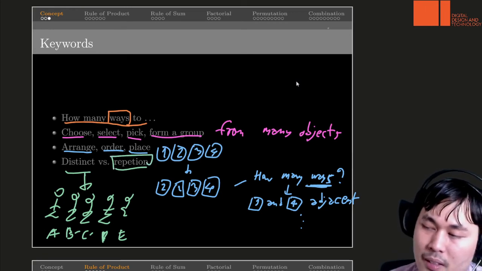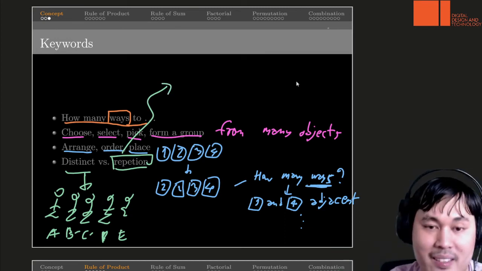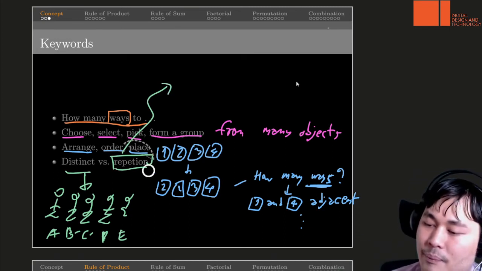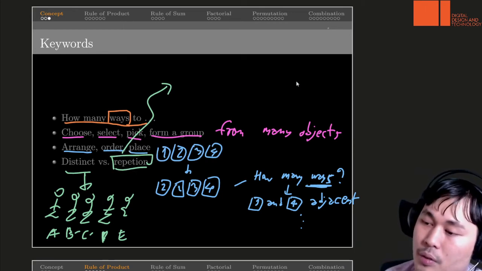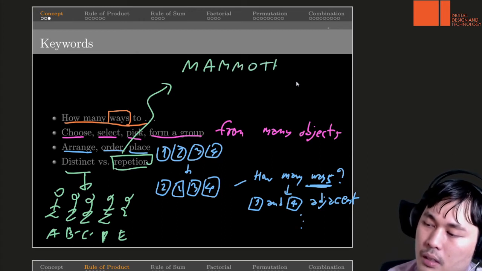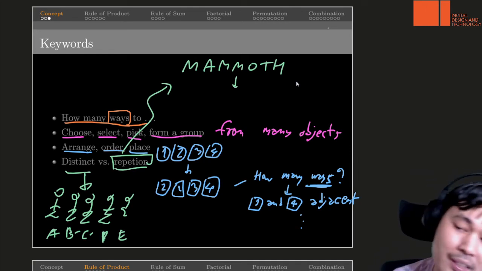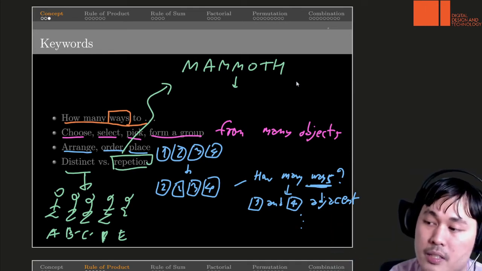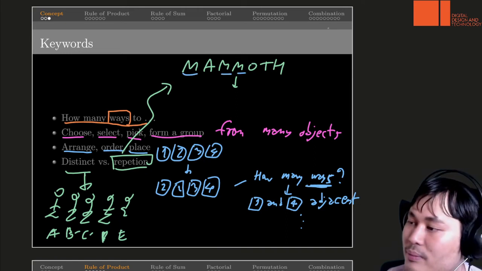But sometimes, or actually most of the time, the problem or the complexity comes from having some repetition. For instance, if you want to arrange the word mammoth, rearrange or anagram it, and you ask how many ways you can accomplish that. The problem is that there are 3 M's.